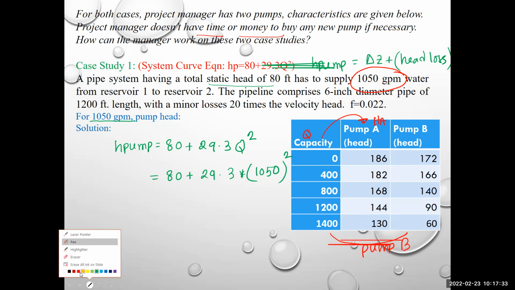Great. Because we can't work with GPM, we need to convert that flow to CFS. Okay, so this 448.8 is within the parentheses, so you need to square that. So give me the pump head for this specific case.